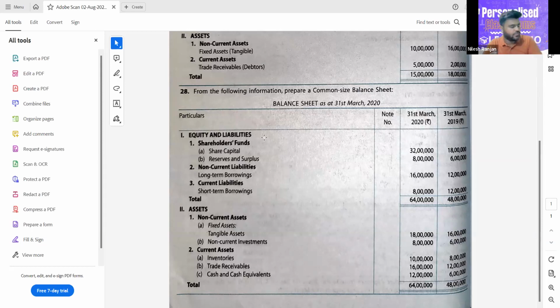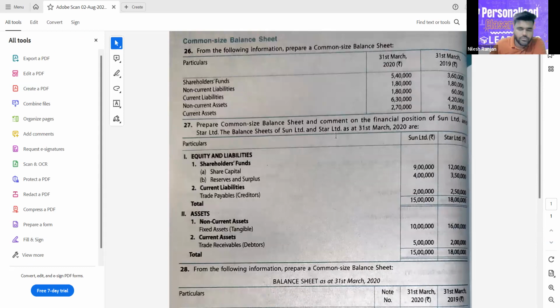All of the questions come from the comparative statement. The statement of profit and loss question, I don't have right now. But I think that is also the same. The process is the same. You can prepare the format. In some questions the whole format is given, and the total amount is also given. But you can see question number 26 here. In this question there is no format given. So if you remember the format, you can prepare it. Yes or no? Yes, sir.